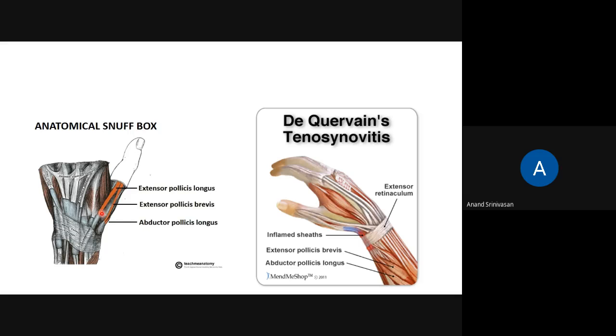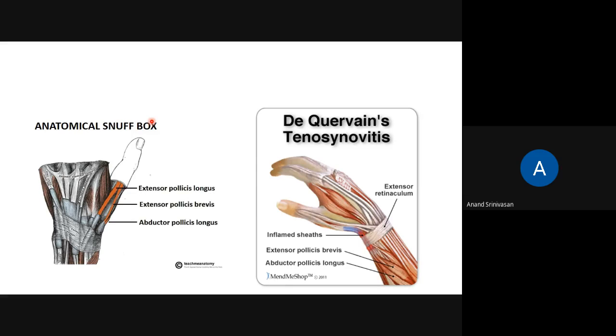This is extensor pollicis longus on the medial side, and abductor pollicis longus and extensor pollicis brevis on the lateral side. In between there is a gap, and that gap is called the anatomical snuff box because it resembles a box.